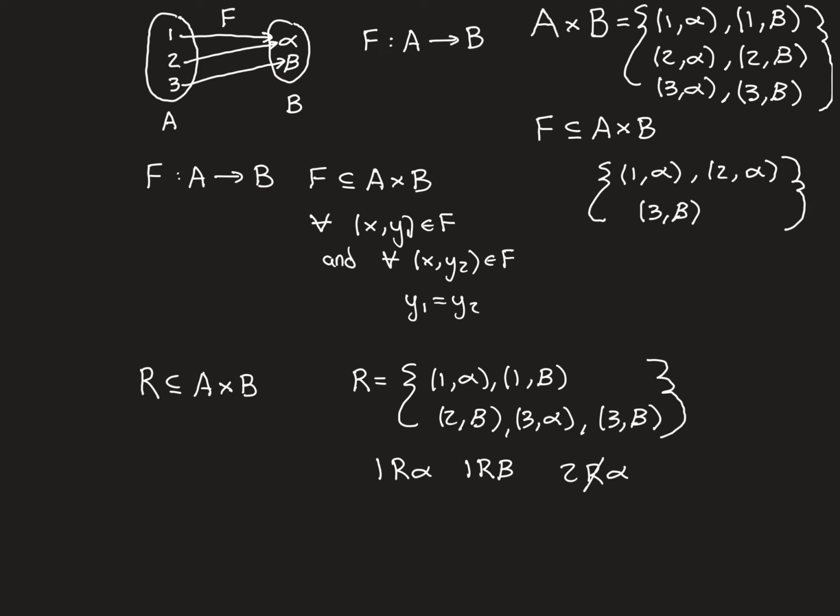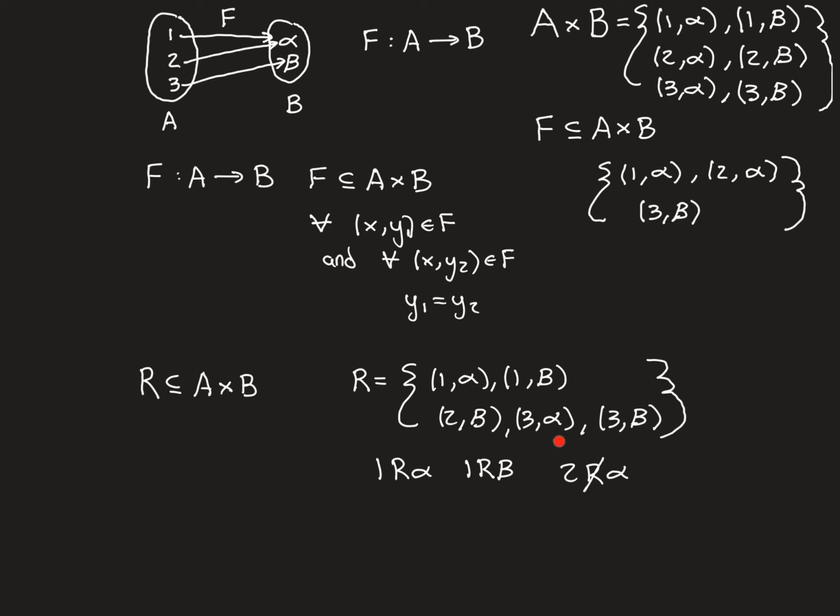A single element from the domain of the relation, and we use the same terms domain and codomain for relations, can be related to multiple elements in the codomain, so one can be related to both alpha and beta in a more general relation. So functions are very specific examples of relations that have to obey this property, that each element in the domain is only related to a single element in the codomain rather than multiple.